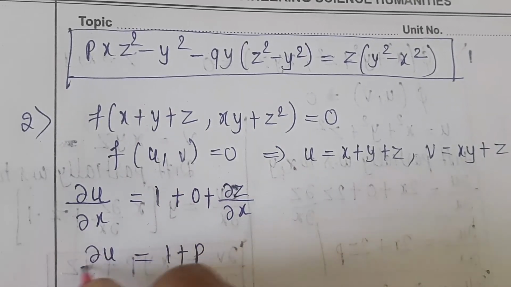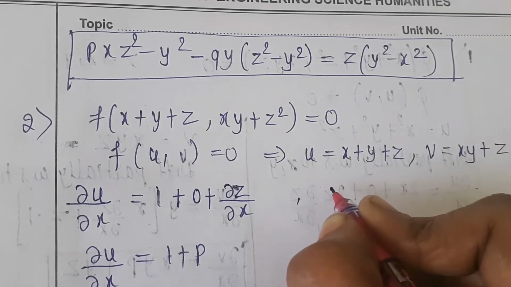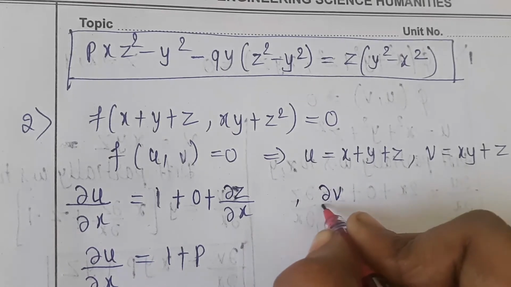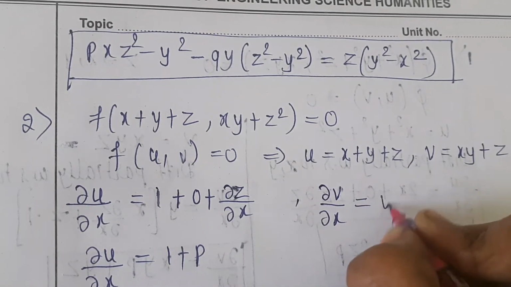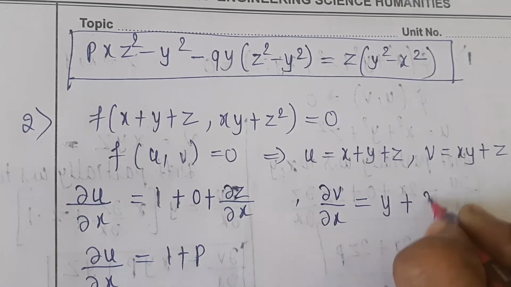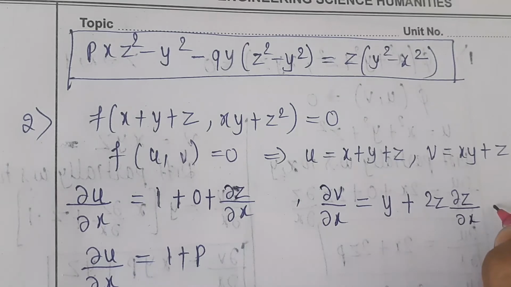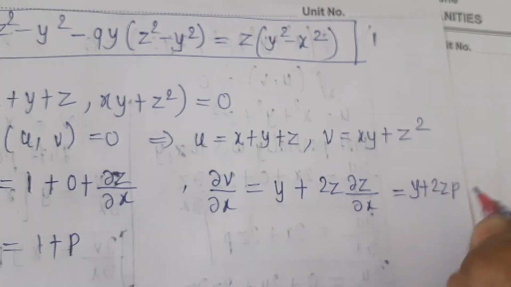This is del u by del x. Then del v by del x is y plus 2z del z by del x, so it is equal to y plus 2zp.